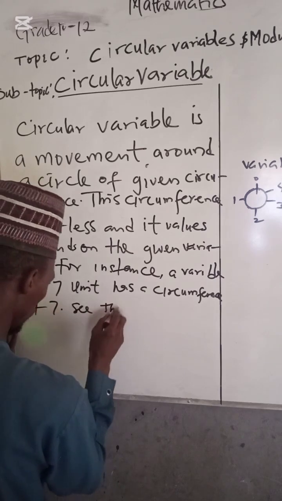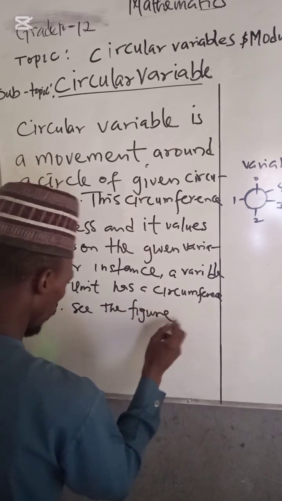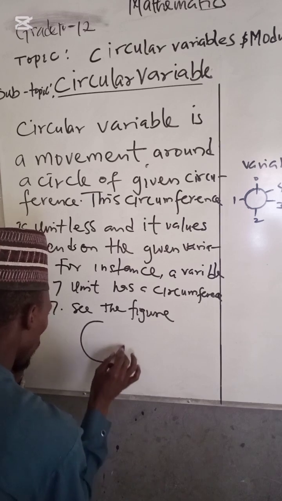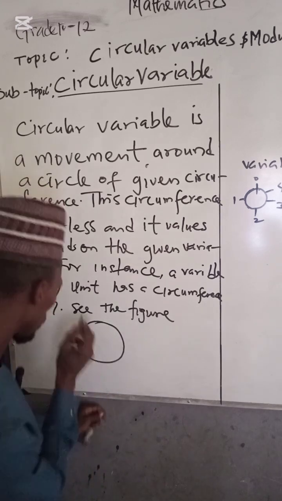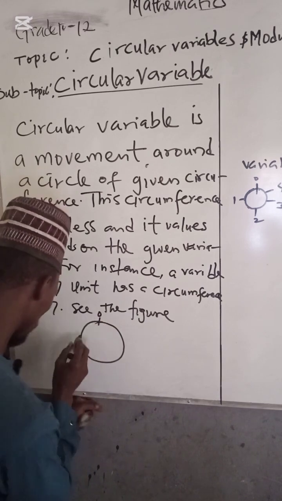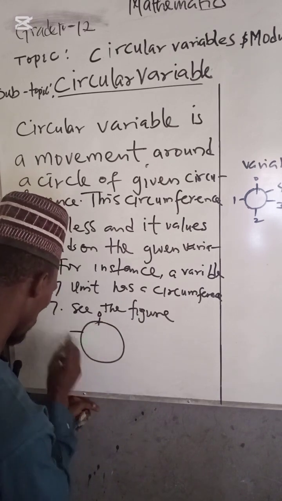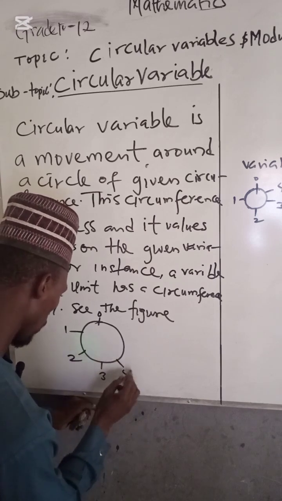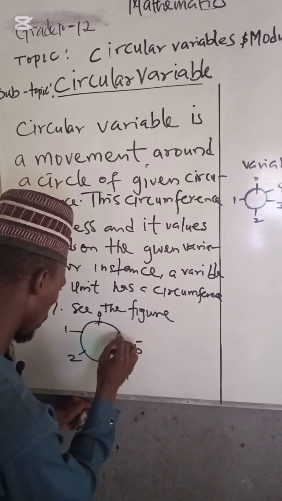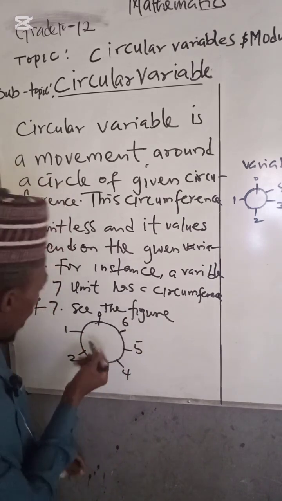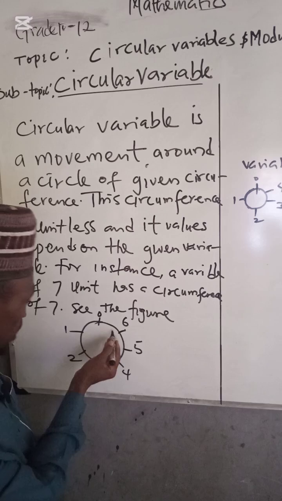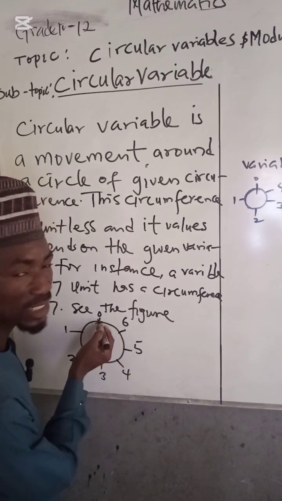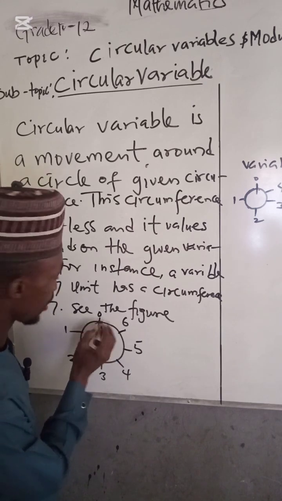See the figure. This is a circle. So the circumference, let's say 0, 1, 2, 3, 4, 5, 6. Now, this variable with 7 units, this is the circumference: 1, 2, 3, 4, 5, 6, 7, just like your clock.